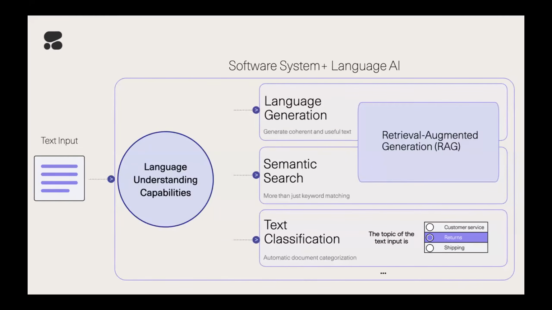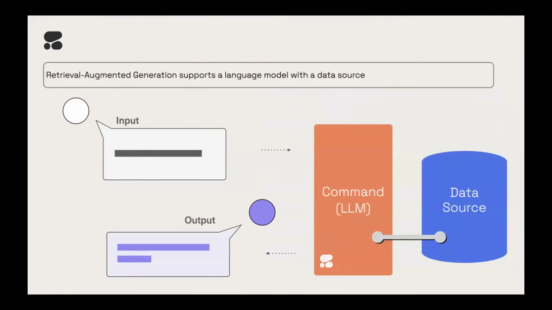And so this is the concept of retrieval augmented generation. It is the intersection of generation and semantic search. One other way to look at it is that now you have a data source that is linked to your language model, where your language model is able to consult it. So you're able to ground your language model in this data source.